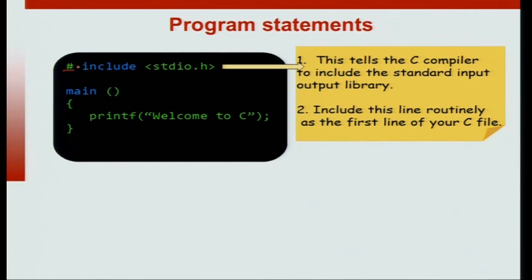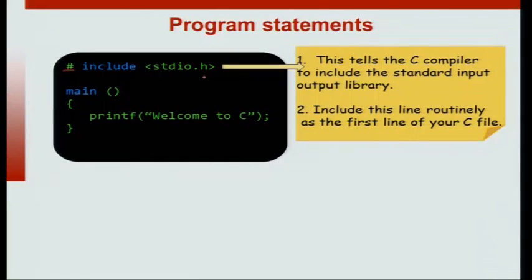And actually there is no space between the hash and the first I. So hash include stdio.h. This line is supposed to tell C that please include the standard input-output library. The standard input-output library is what has the print routines, which will print output messages onto the terminal. So if you want to have any input-output component of your program, then you should include stdio.h.